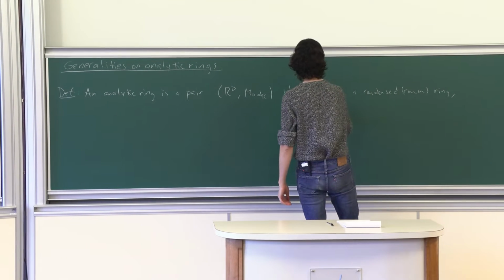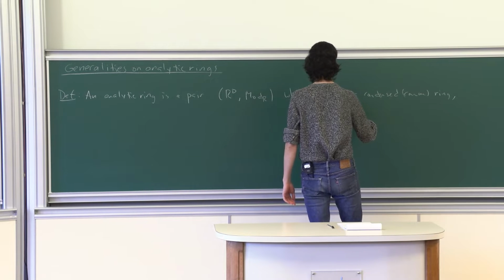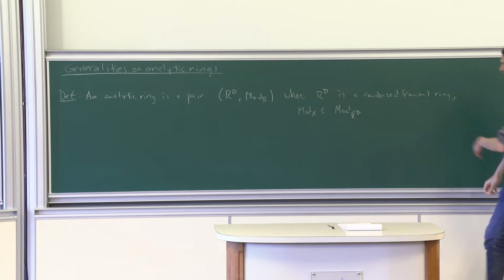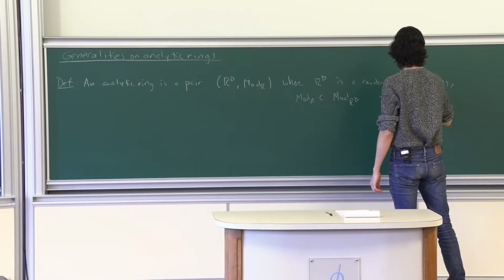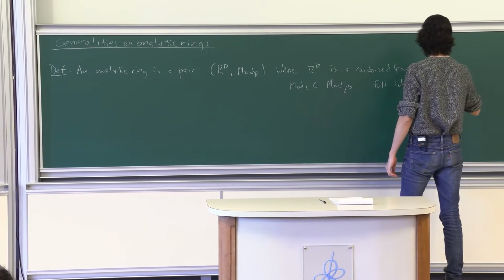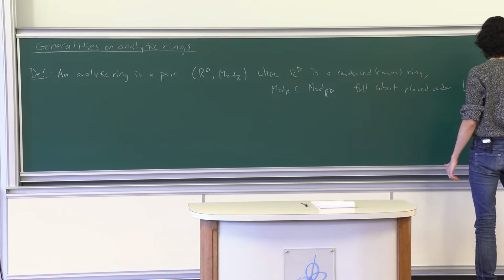And mod R, inside mod R triangle, meaning condensed R triangle modules, is a full subcategory closed under limits, colimits, and extensions.